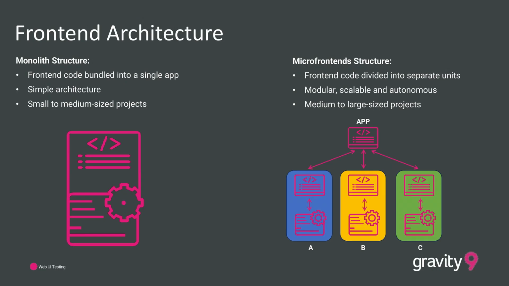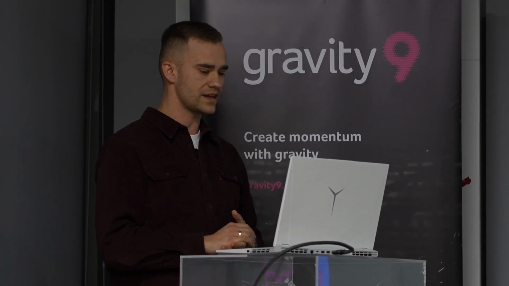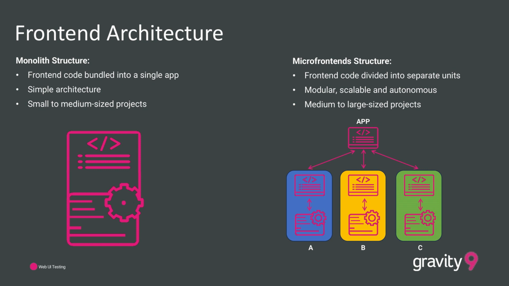Diving deeper into the front-end architecture, there are many different approaches in front-end solutions, but I think the most popular ones are actually monolith structure and micro front-end structure. It's not really needed from the QA to fully understand how the architecture looks and how it works, but I think it's beneficial to know at least how it looks, let's say from the very first sight.